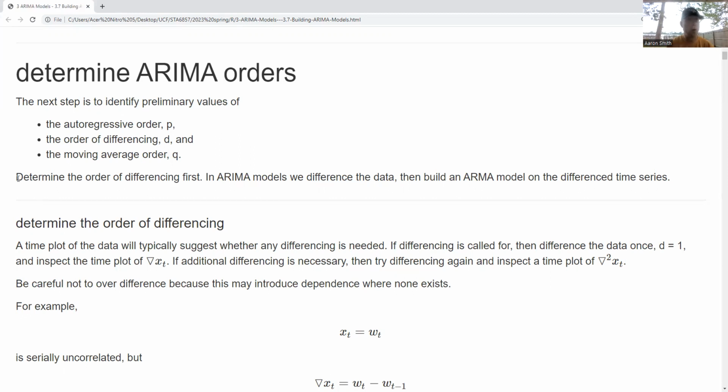All right, so determine the order of differencing first. Then I'm going to build an autoregressive moving average model on the difference data after that. So we'll first determine the order of the differencing. And our primary tool for this will be time series plots.